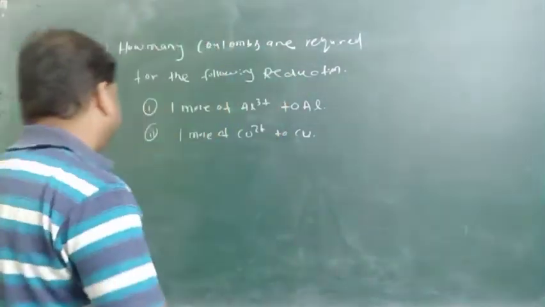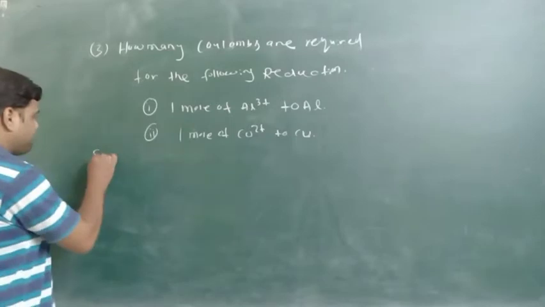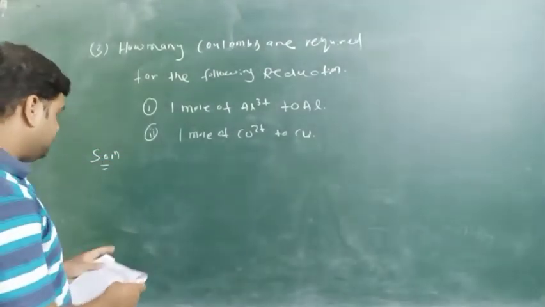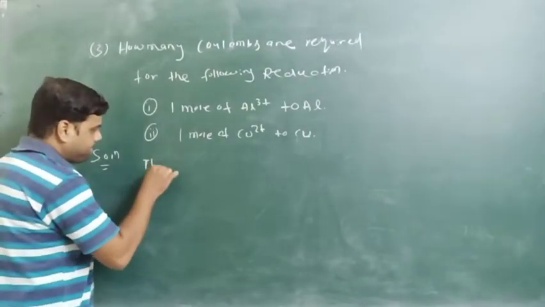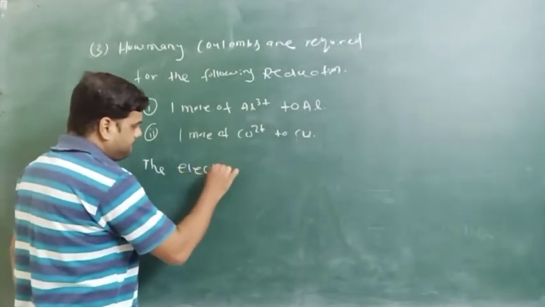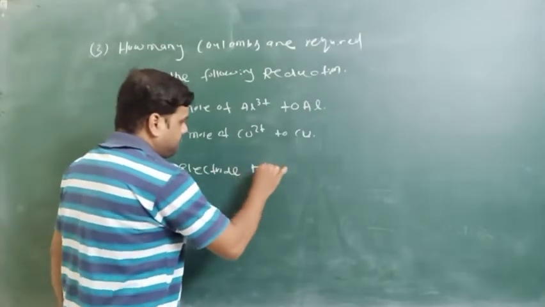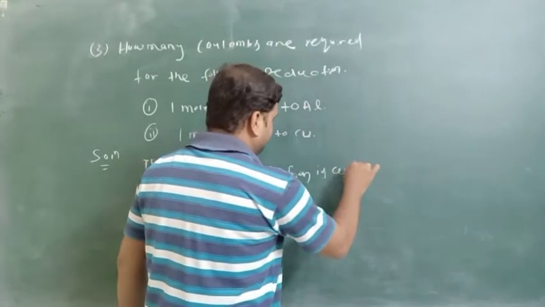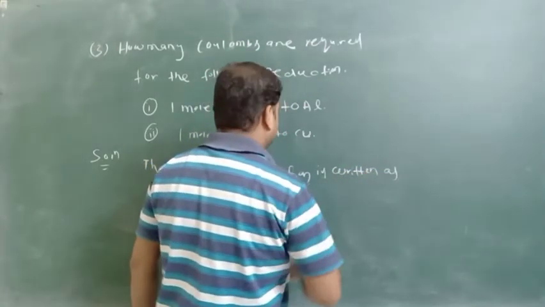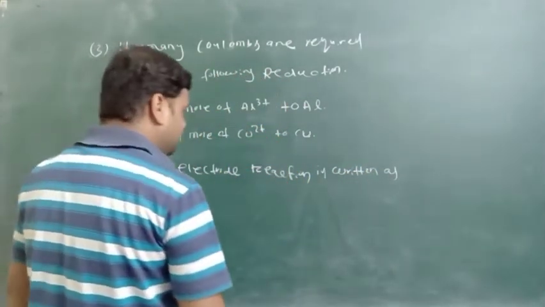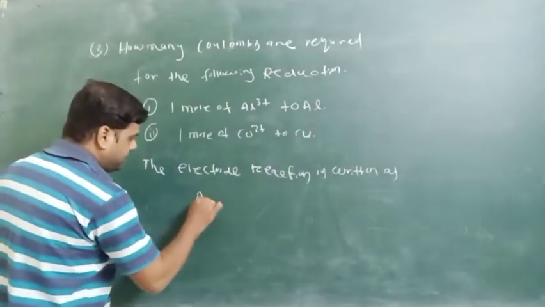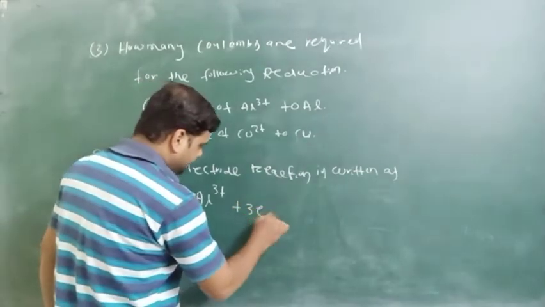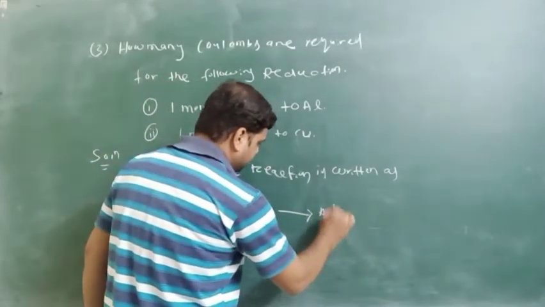So the electrode reaction is written as Al3+ + 3e- gives rise to Al.